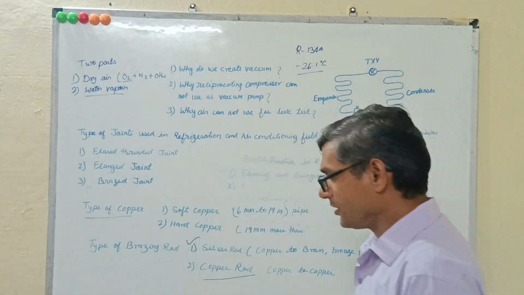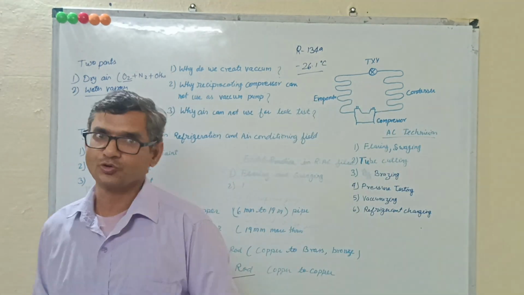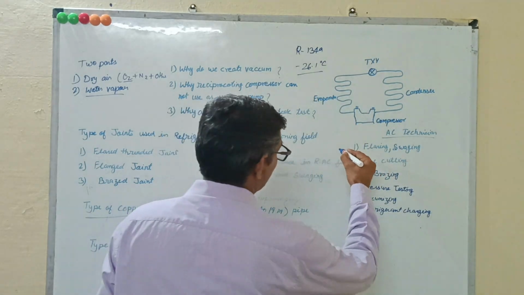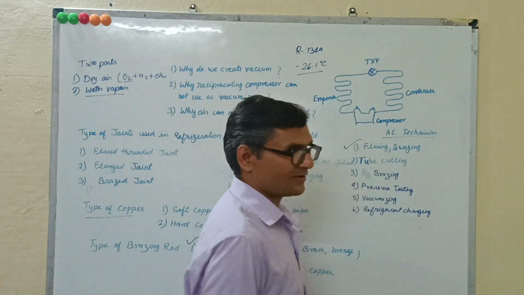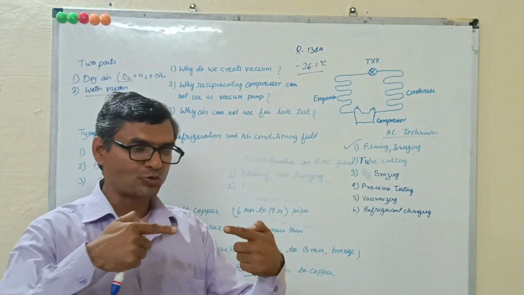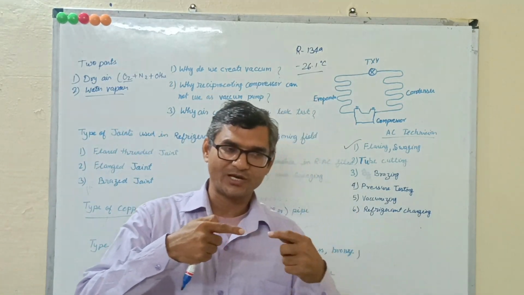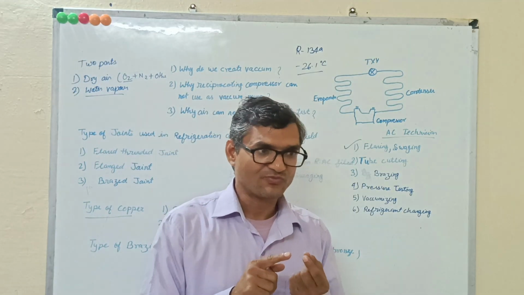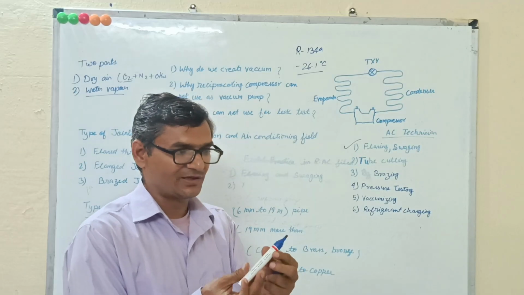Okay, now we are coming to technical fields. Some works all technicians should compulsorily know. First one, flaring and swaging. Flaring means, suppose we have cut tubes of the same diameter, and some widening is made.